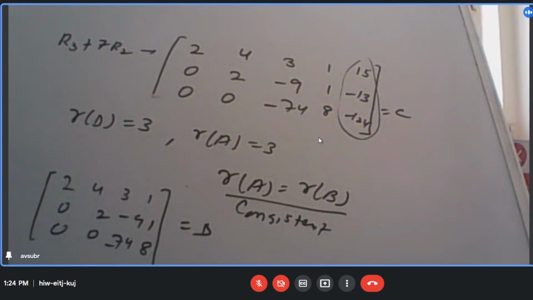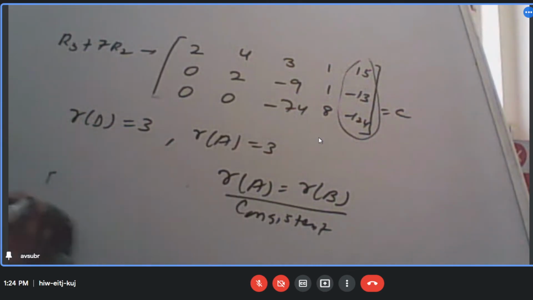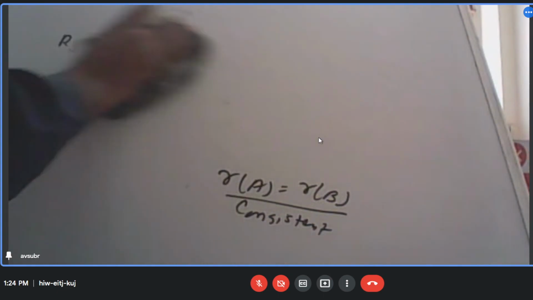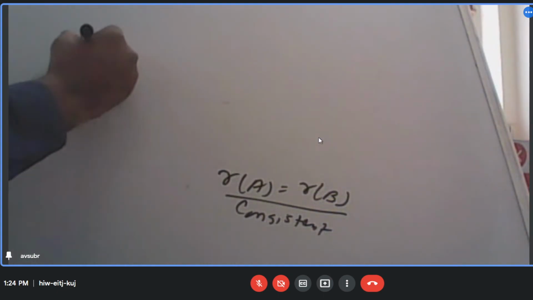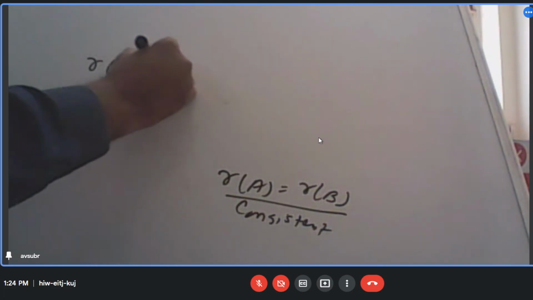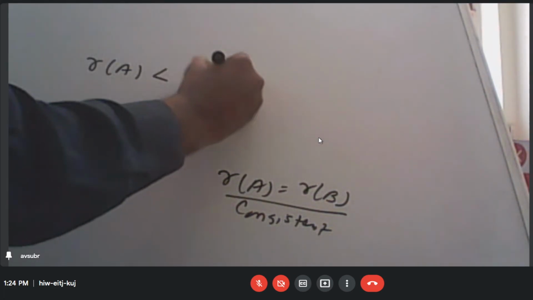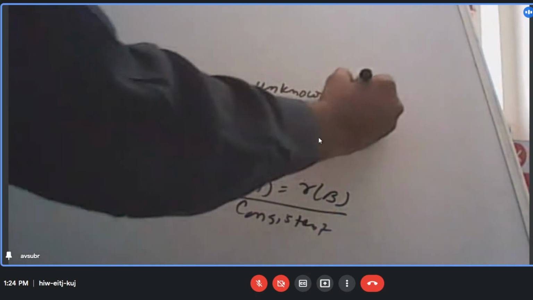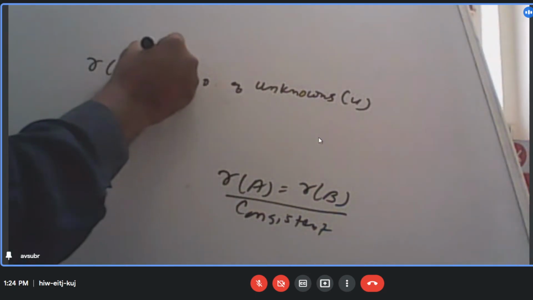Now next, what we see over here is that rank of A is less than the number of unknowns, because unknowns are 4, rank is 3.